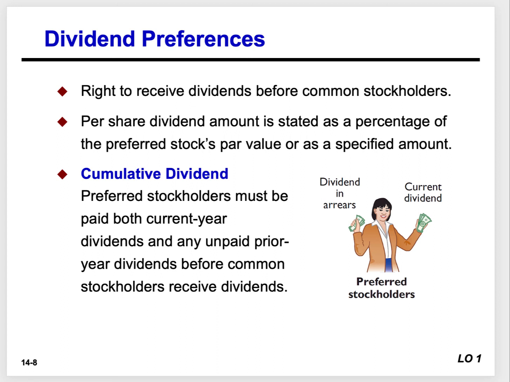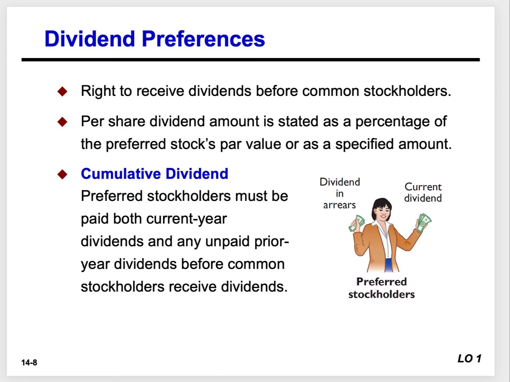I get my dividend before any common shareholder, and it's specified how much I get. If the board of directors does not declare a dividend, that's okay. Preferred shareholders are still entitled to that dividend because it's stated in the stock.